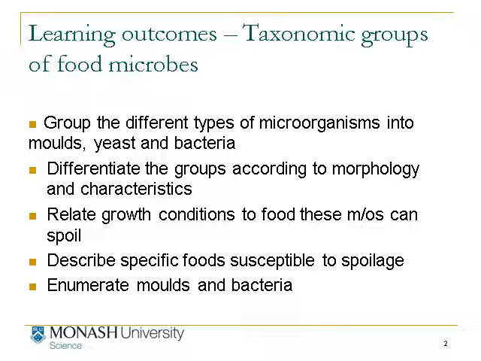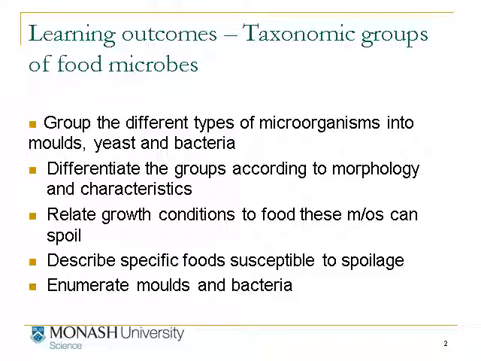Some learning outcomes after this section. You should be able to group different types of microorganisms into the different groups of molds, yeast, and bacteria, and be able to differentiate the groups according to morphology and characteristics.